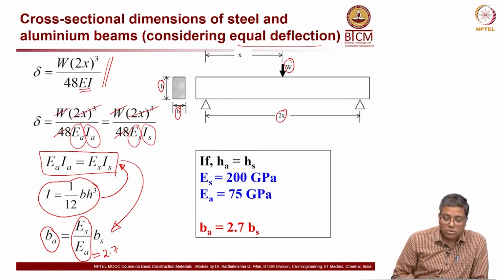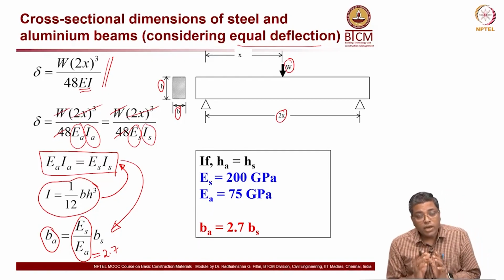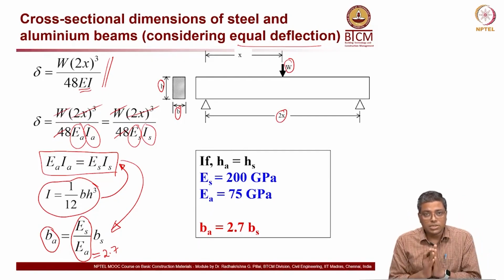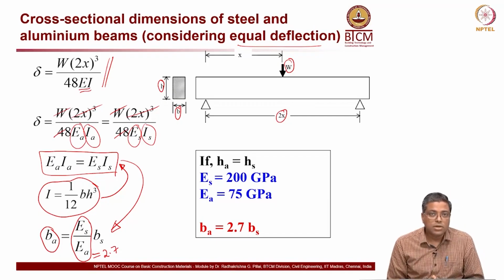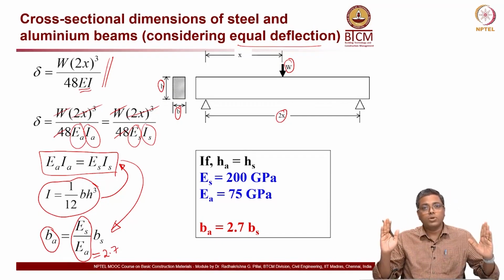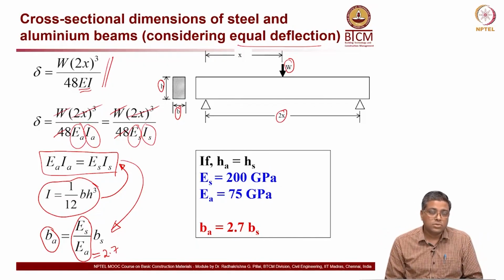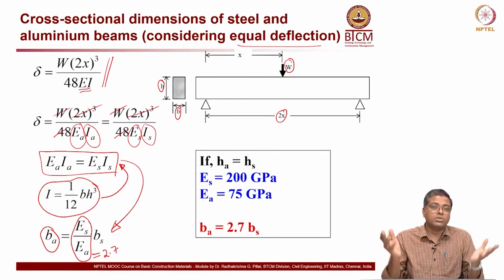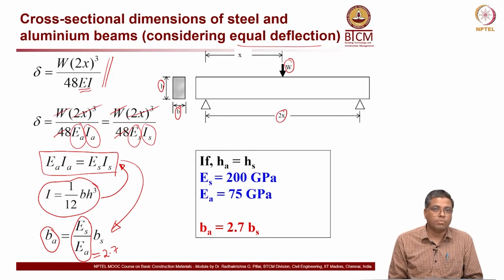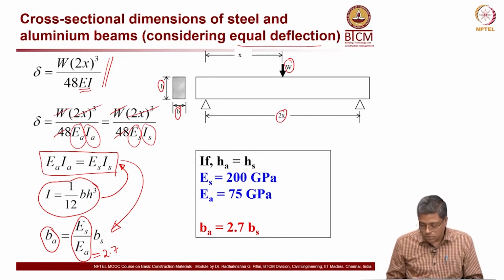So, what does this mean? If I replace a steel section with an aluminum section, I will have to go for 2.7 times the width. So, the aluminum section will be almost 3 times more in volume. So, that is one reason, and also it is costly.